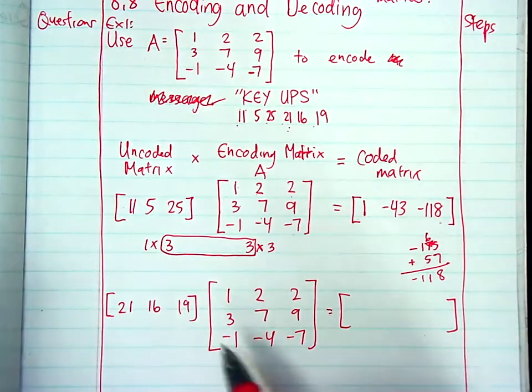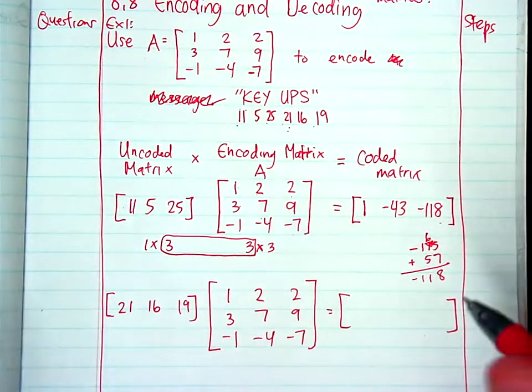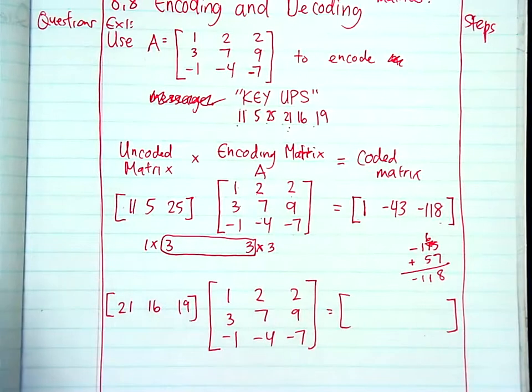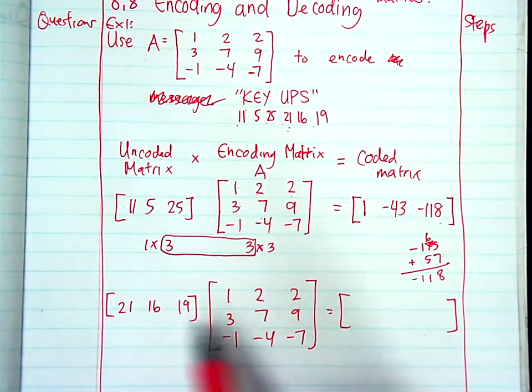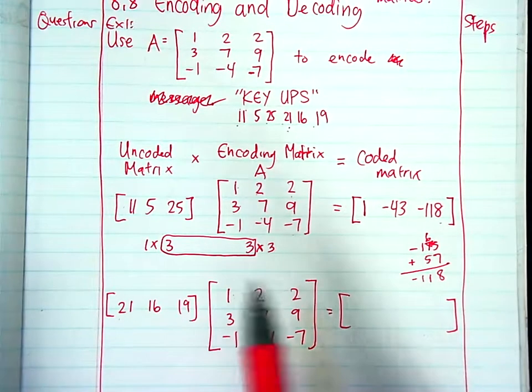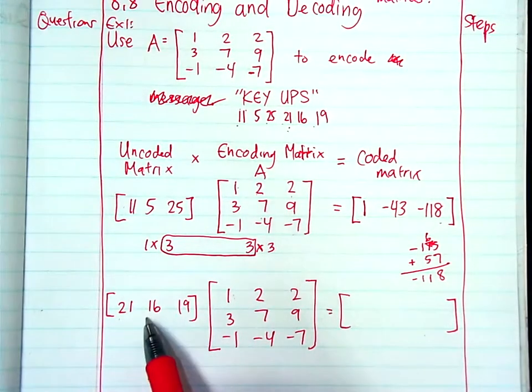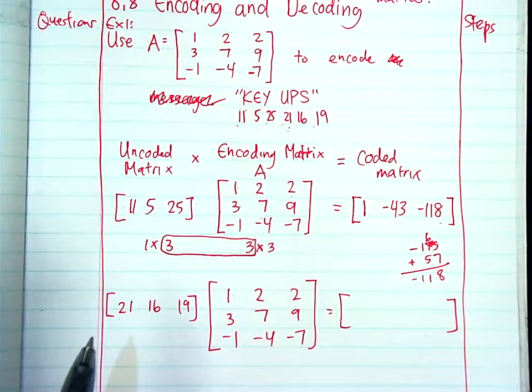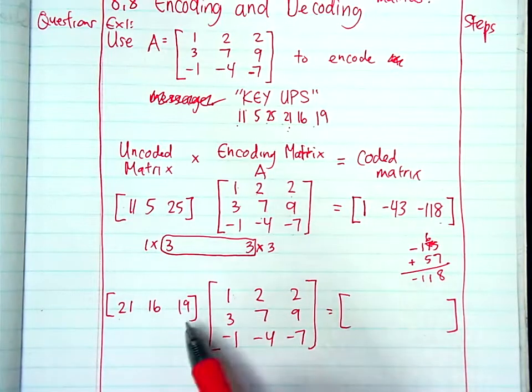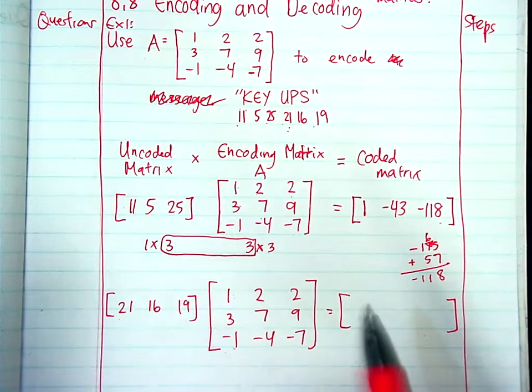This one I might have to do some math on my calculator. So it would be 21 times 1 is 21. 16 times 3 is 48. And then 19 times negative 1 is negative 19. So it's 50.